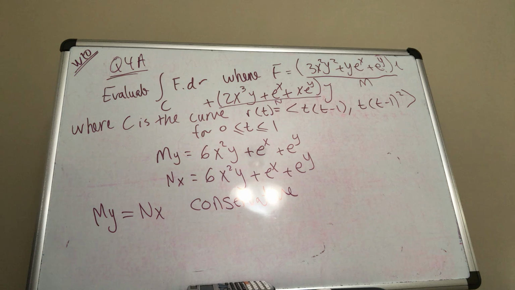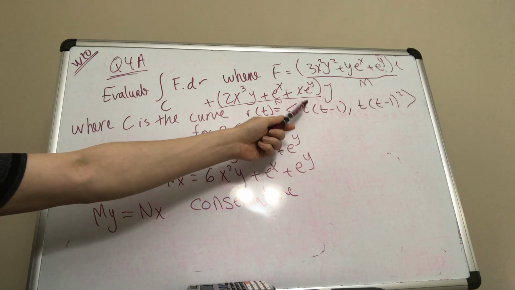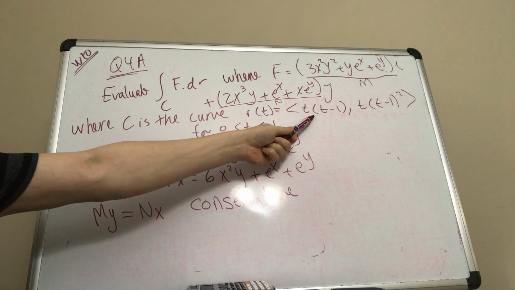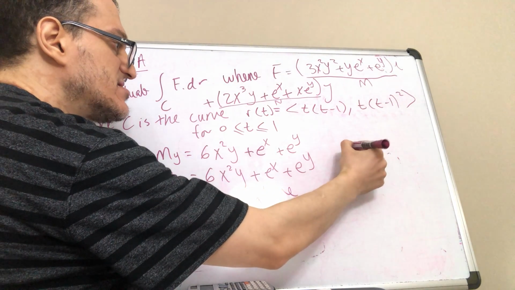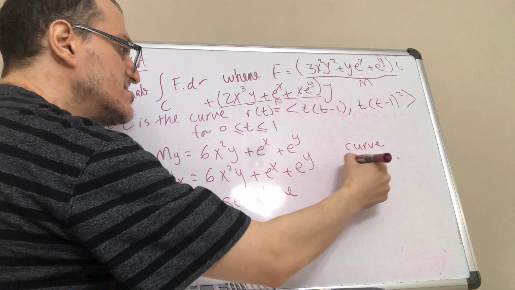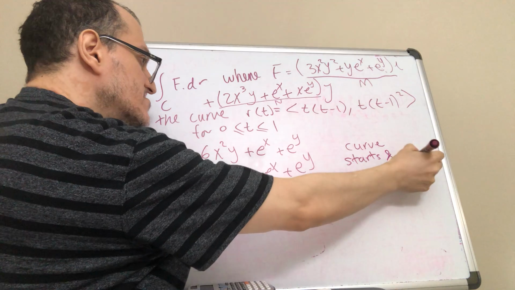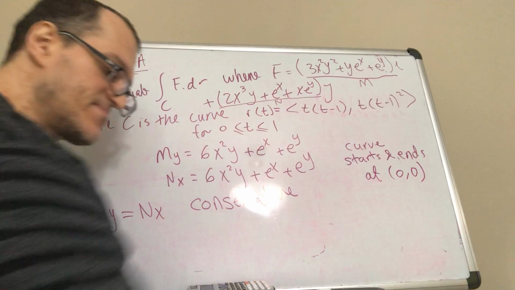You also notice something in the curve. If you plug in 0, it gives you 0, 0. And if you plug in 1, it gives you 0, 0. That means that the curve starts and ends at 0, 0.